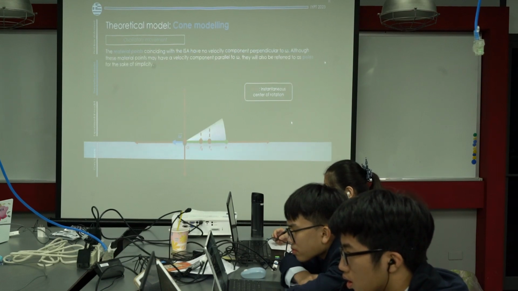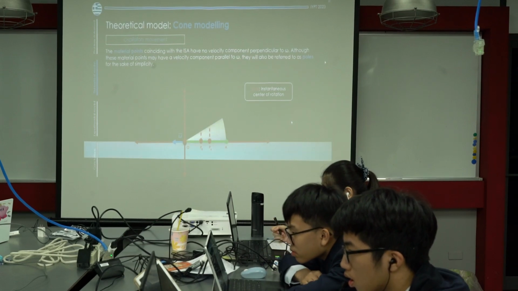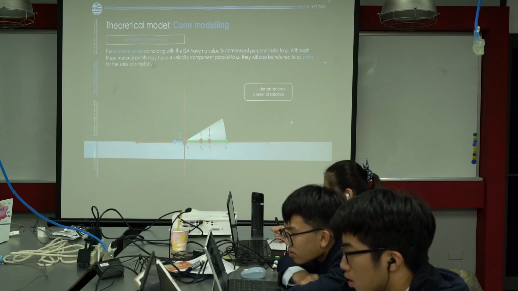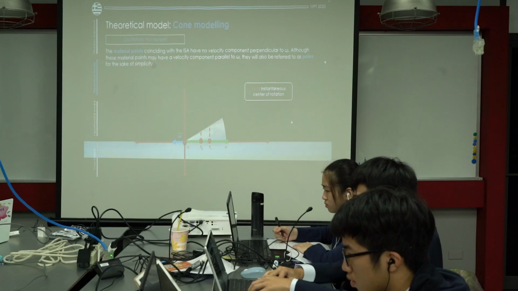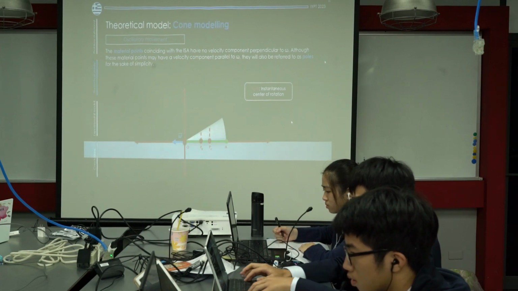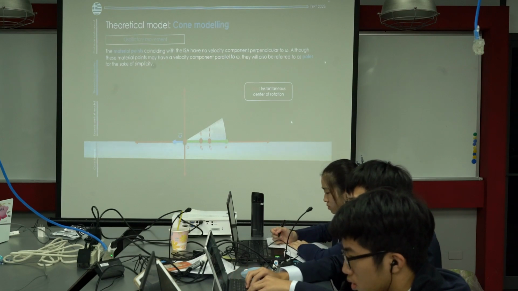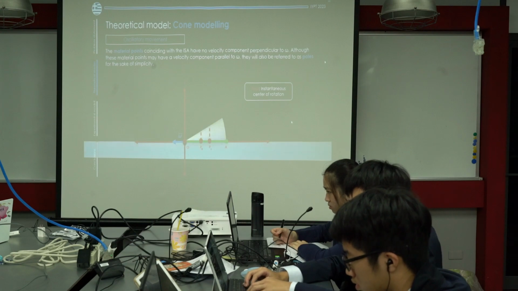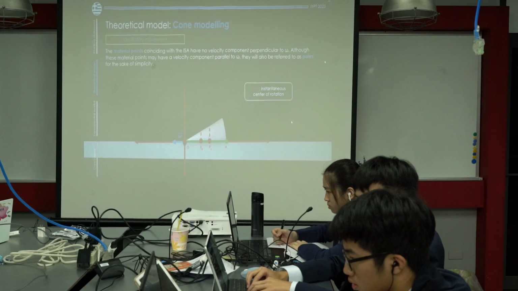The important thing here is that every single point that coincides with this specific line, so this means point B and point C, even though these points might have a velocity component that is parallel to omega, are also referred to as poles of the instantaneous screw axis, just for the sake of simplicity.